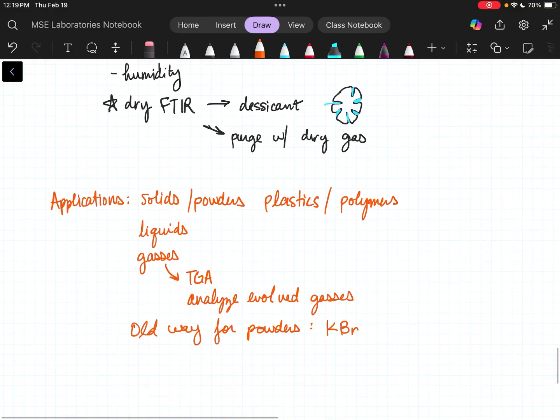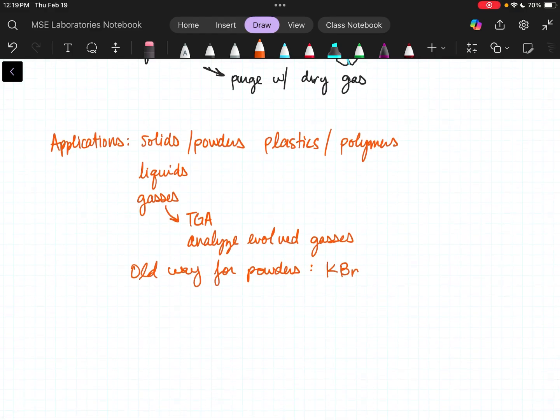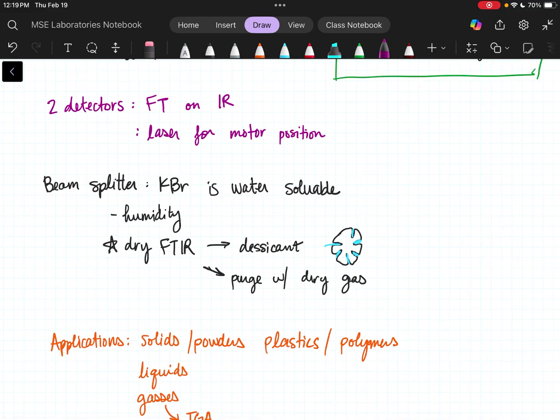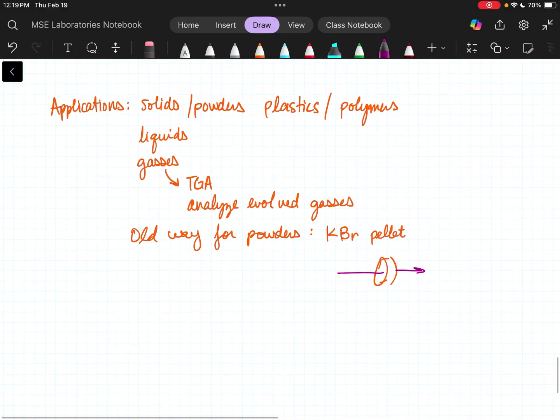With powders, the old way is a KBR pellet. So KBR, coming back, same material as was up here. But we would mix our powder with KBR and then press it so that it becomes this sort of solid mass of material.